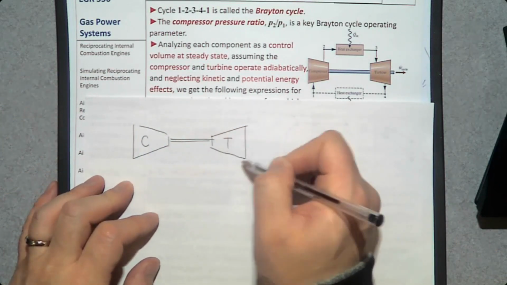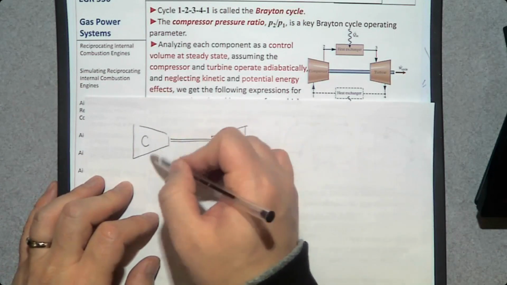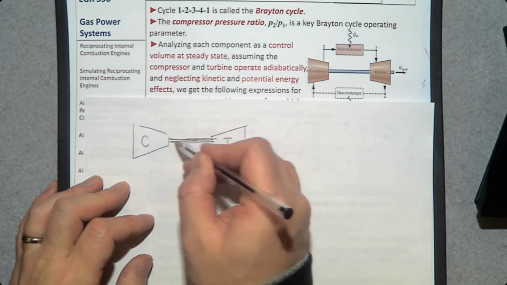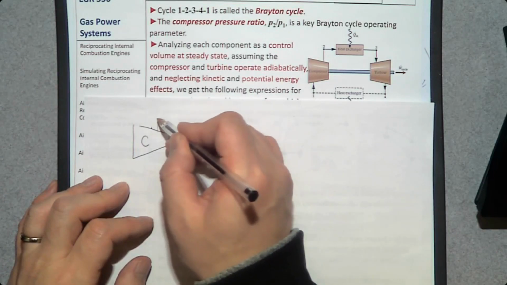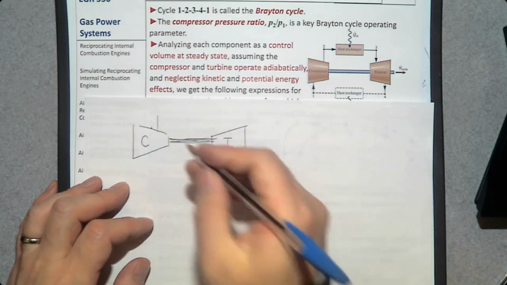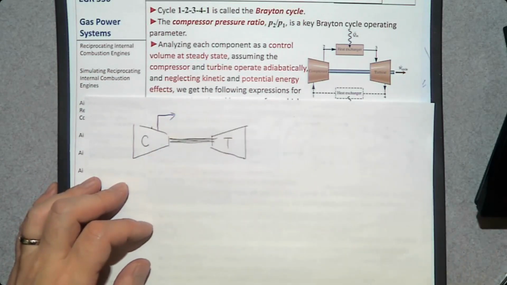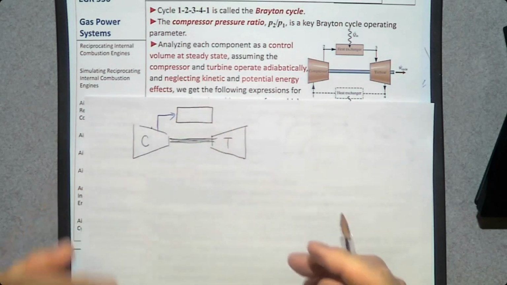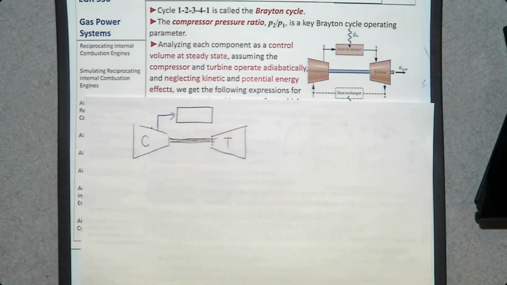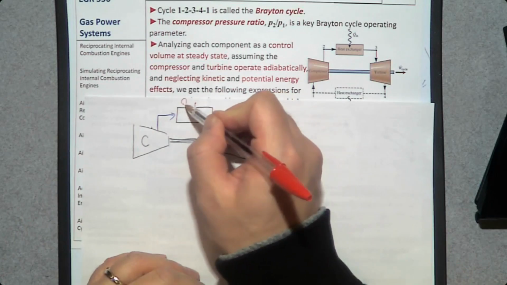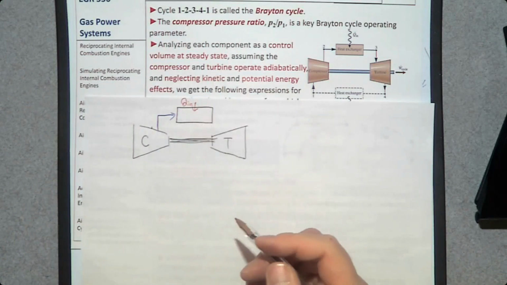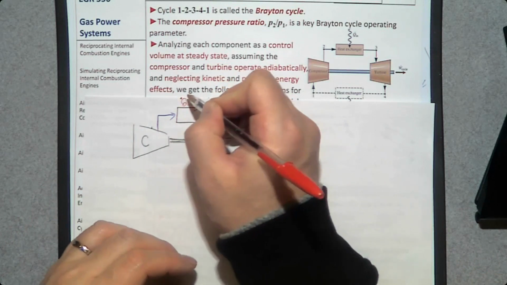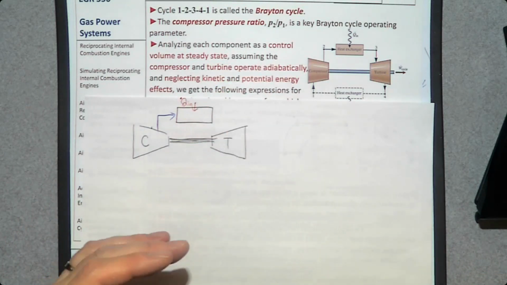So while the turbine is running, it's going to provide power to run the compressor because they are coupled. And once the working gas is compressed, it enters the combustion chamber or heat exchanger in this air standard Brayton cycle, where heat is added, Q in. It's an open system, so we are going to add a dot on top of it. Steady state open system.